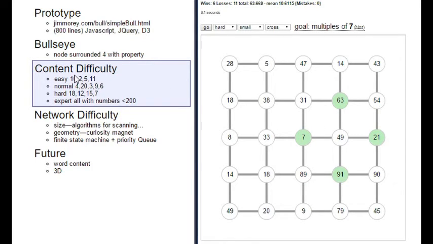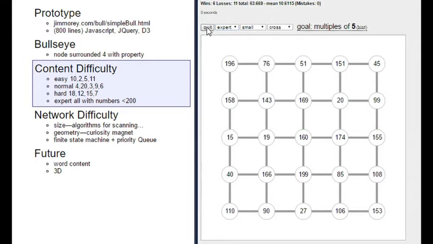So easy, normal, and hard, essentially the only difference is you change which multiple you're looking for. Expert now includes all of these numbers, but with the twist that you now have 3-digit numbers rather than just 2-digit ones.